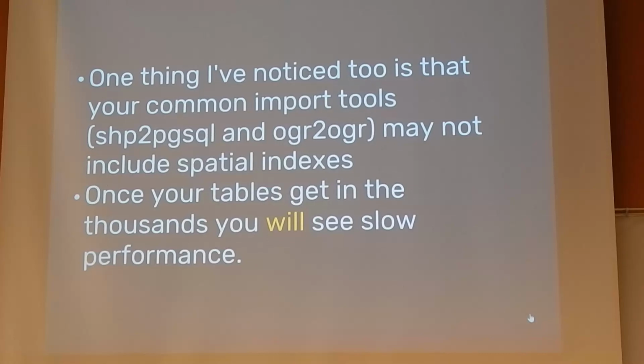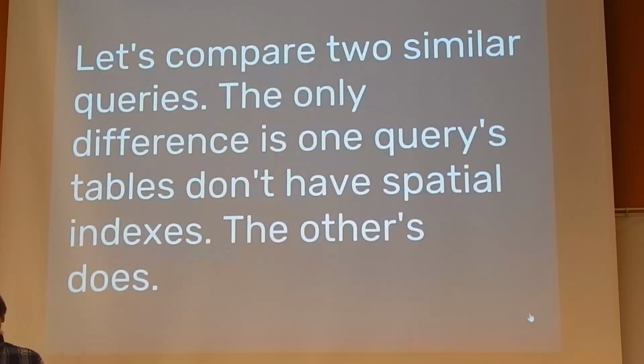Once your tables get to several thousand rows, you'll begin to notice degradation in performance. I took two queries that both use the same data, but one set of tables has indexes on the geometry columns and one doesn't.